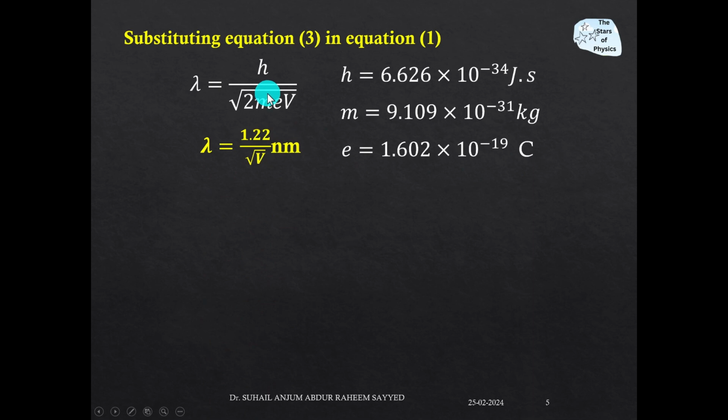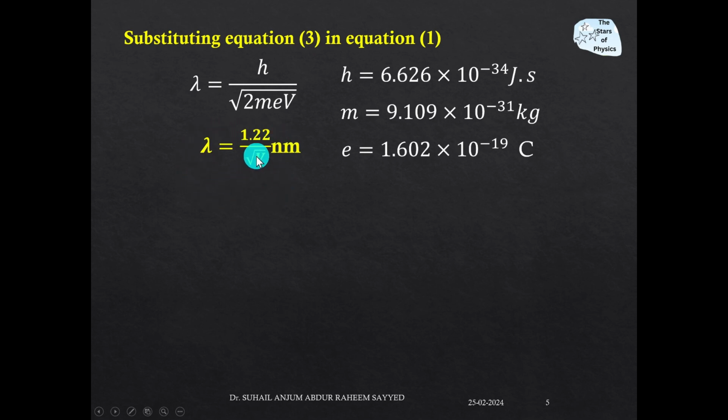By substituting all these values, we get the wavelength equal to 1.22 divided by square root of the applied voltage to the electron gun, in nanometers.